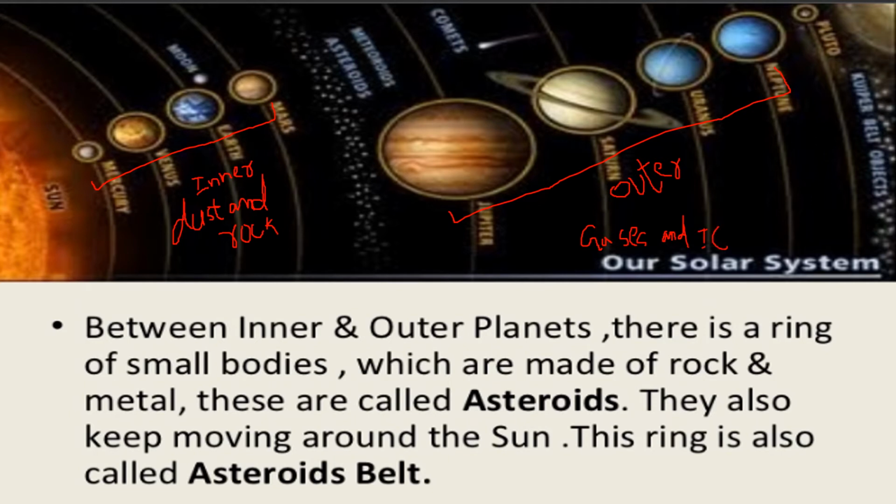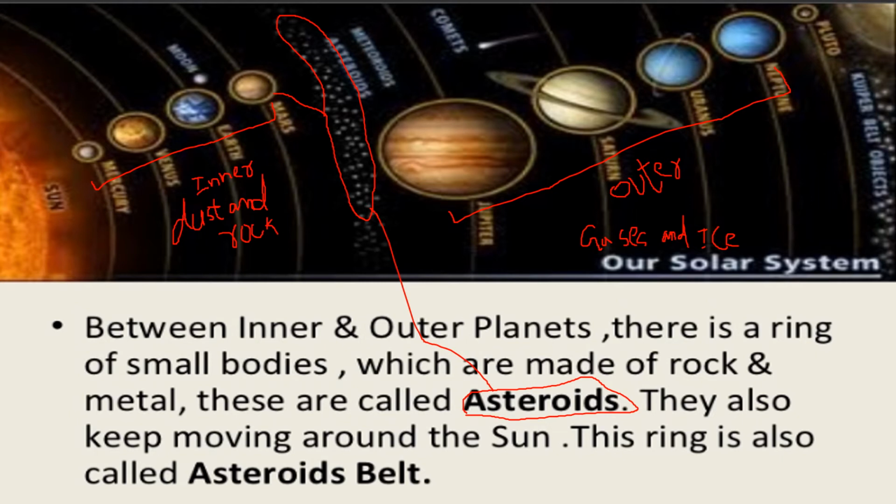But in between these planets, between Mars and Jupiter, look, this rocky material is called the asteroids. So we can connect this in between Jupiter and Mars.